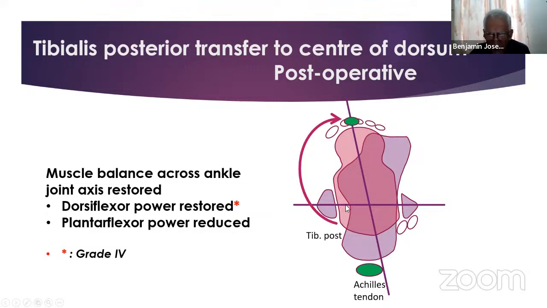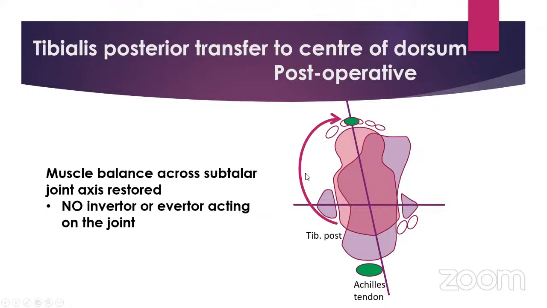And the plantar flexor power is reduced because you've removed the tibialis posterior. The muscle balance across the subtalar joint is restored. Why? Because there are no everters to begin with, and you've taken off the only inverter, so you've got zero inversion and zero eversion, so it's balanced.